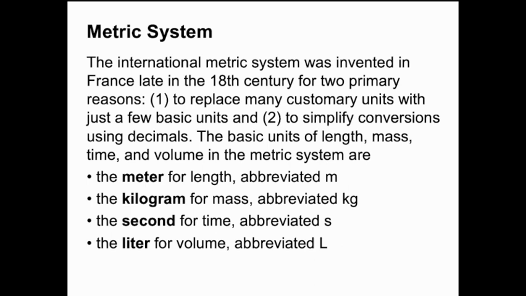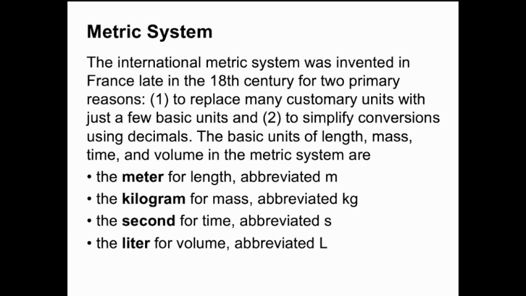The reason that the metric system is so much easier is because they only have 4 units. They have one for length, which is the meter. They have one for mass, which is kilogram, one for time, which is the seconds, and then they have liters for volume. Those are the only 4 units they use. And then they use factors of 10 to show how big or small the meter is.